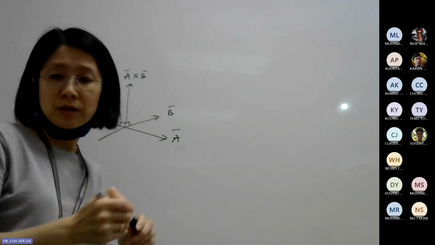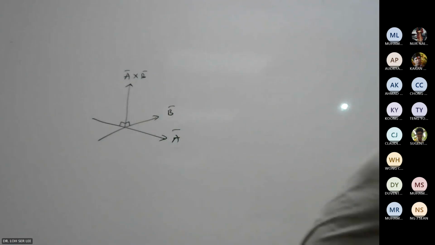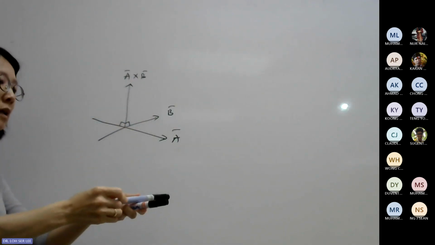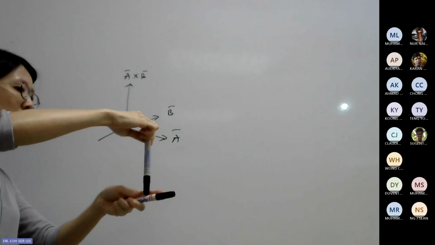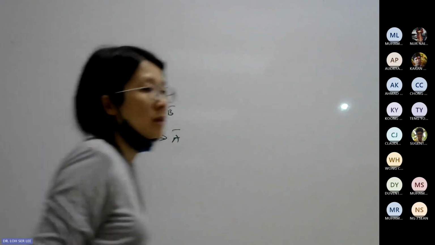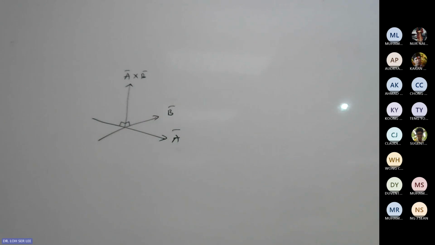So if this is vector A and this is vector B, the A cross B will be perpendicular to both A and B. That's why, when you look at this sentence, A cross B is orthogonal to both A and B.